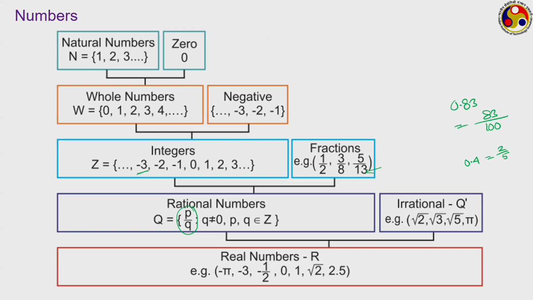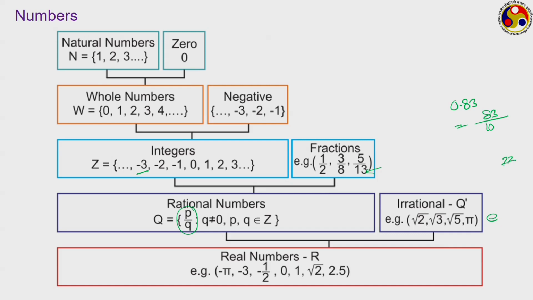But it is possible that there can be certain cases where the number can't be represented by a ratio, and they are called irrational numbers, like √2, √3, pi, e, the base of natural logarithm. They are all irrational numbers. What is pi? Can you say? I hope you remember, pi is definitely not 22 upon 7.